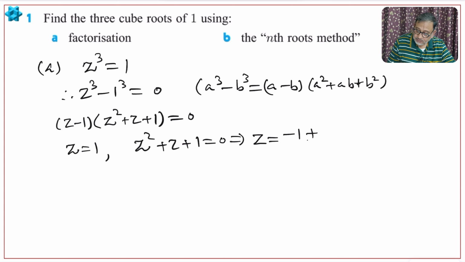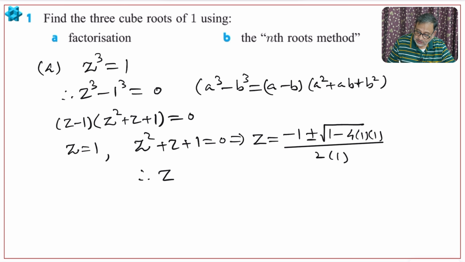So minus 1 plus minus under root of 1 square is 1, minus 4 times a and c, both are 1, divided by 2 into 1. So z is equal to minus 1 plus minus under root of negative 3, by 2. So the square root of negative 3 will be root 3i, over 2.